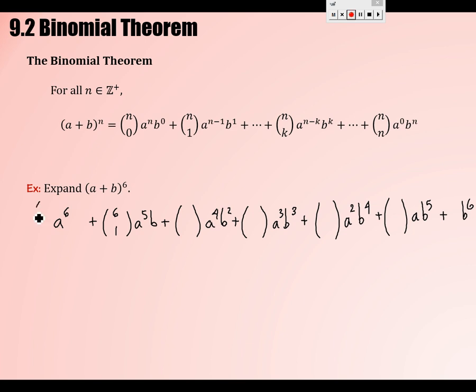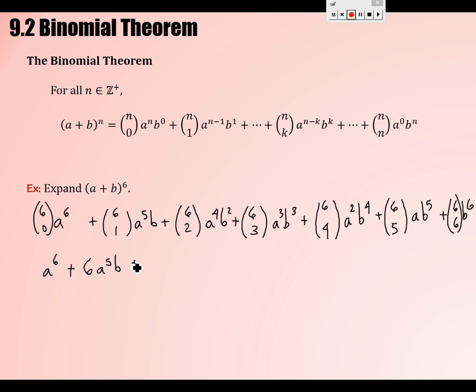Like I said, you could write 6 choose 0 here. So what are these? This is 6 choose, 6 choose, 6 choose, 6 choose, 6 choose, if you want. So what do we get here? a to the 6th plus 6 a to the 5th b plus 6 choose 2.